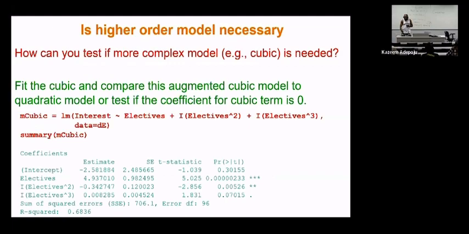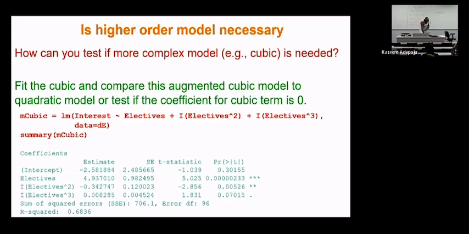Before I can go further, the increase should be significant. Right now, the quadratic effect and the linear effect are the ones that are significant. But the cubic effect is 0.07, which is above 0.05, so we don't need cubic. Otherwise, we're wasting our time.